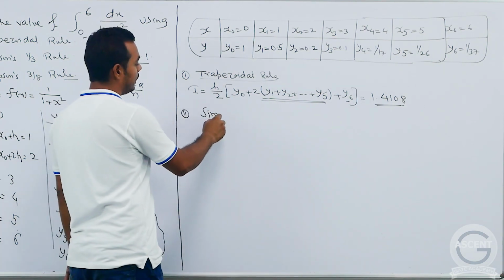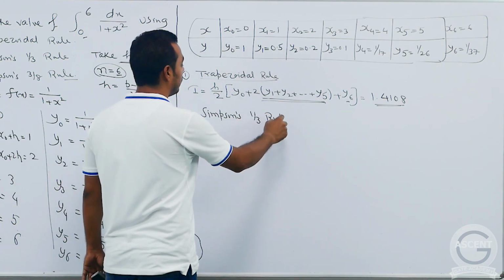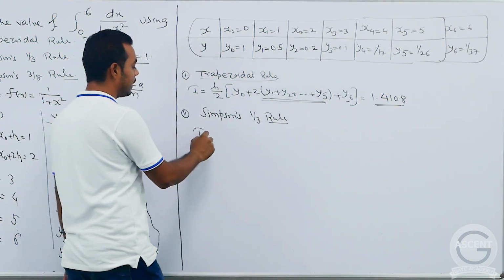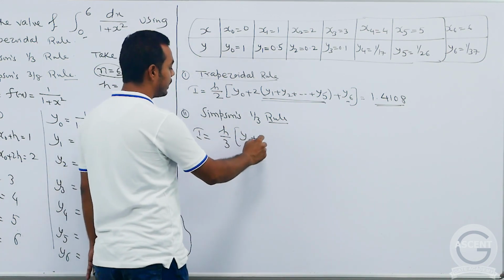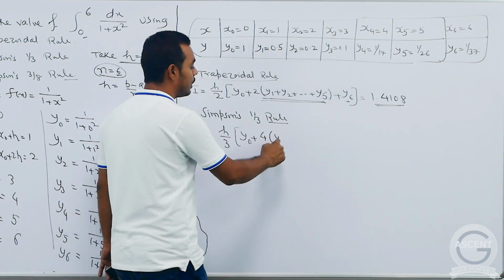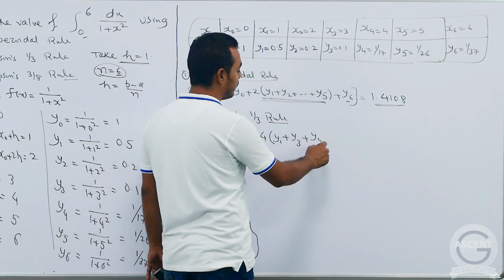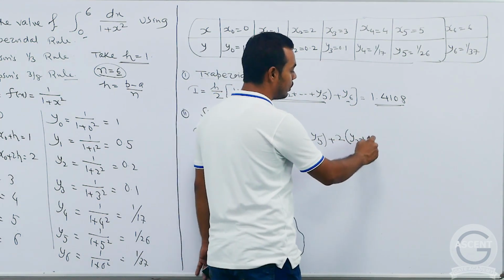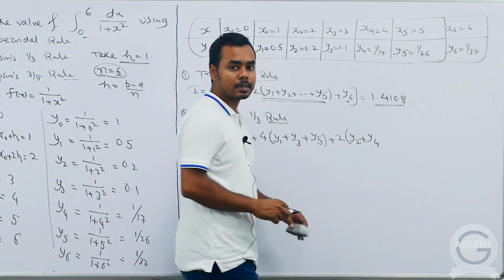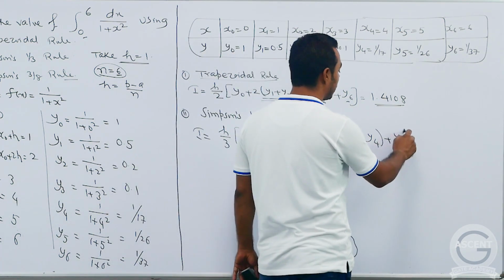Second, we have to calculate using Simpson's 1/3 rule. So here the value of integral will be, 1/3 rule means h by 3 y0 plus 4 times terms with odd coefficient. So this means y1, y3 and y5, plus 2 times terms with even coefficient. So y2, y4, y6 is also yn, so the coefficient of y6 will be 1.